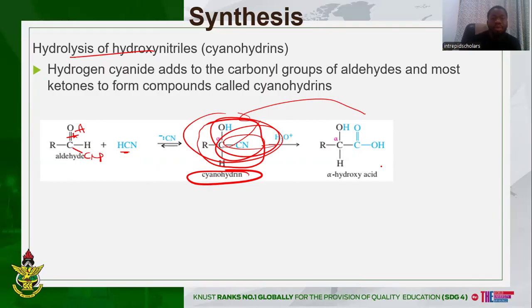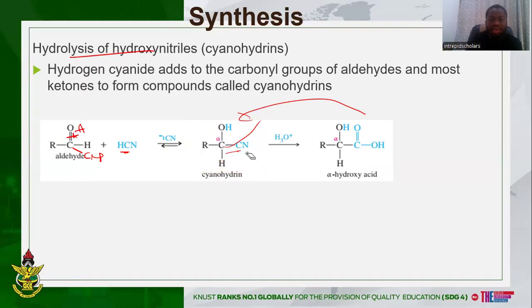Now, you can finally hydrolyze this nitrile group, or the cyanide group, to carboxylic acid. So finally, this one breaks to COOH. That is what we have here.